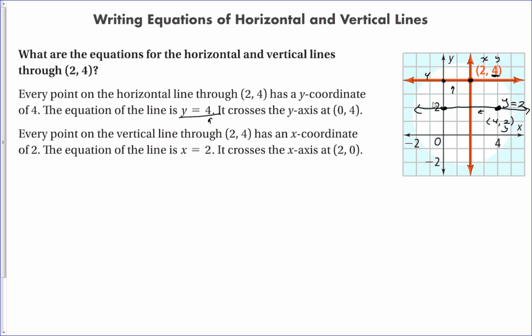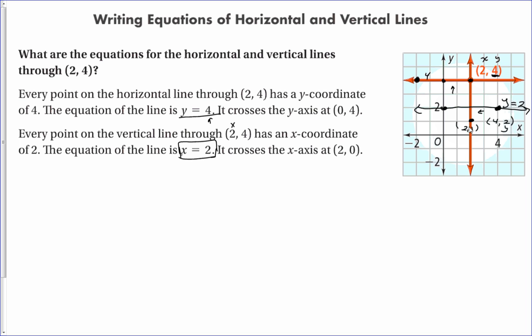Now, just like horizontal lines, vertical lines will always be x equals a number. Since our x coordinate is 2, that's why this is x equals 2. I could have picked this point and said, what is the equation of a line through point (2, 1)?